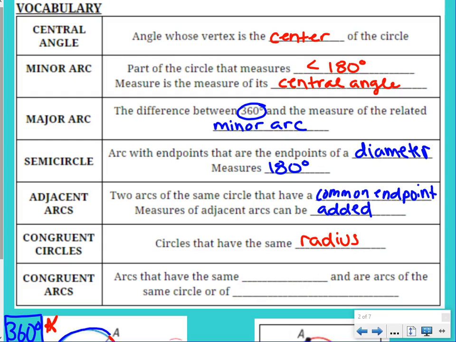So if two circles have the same radius, both a radius of 4, then they would be congruent. Congruent arcs are arcs that have the same measure and are the arcs of the same circle or of congruent circles.